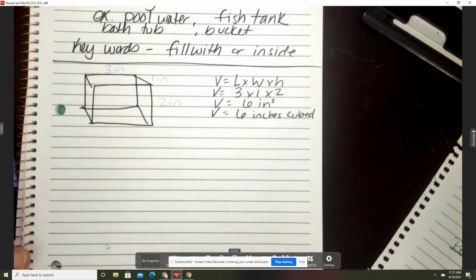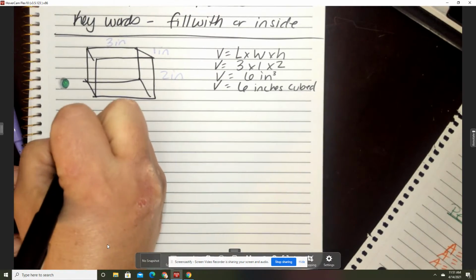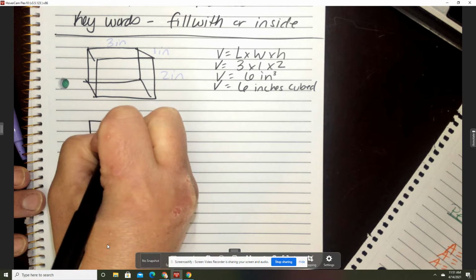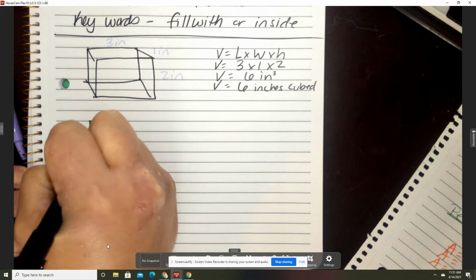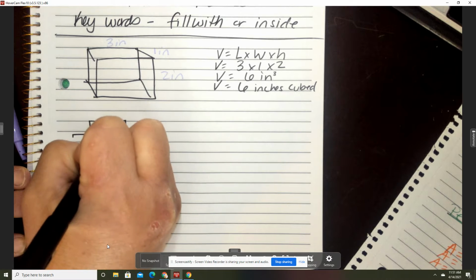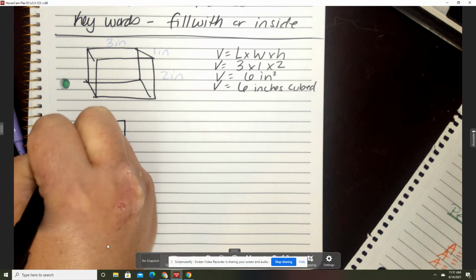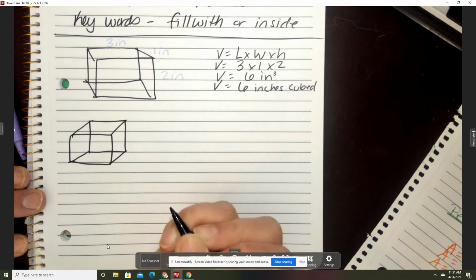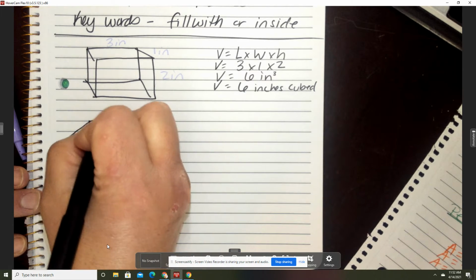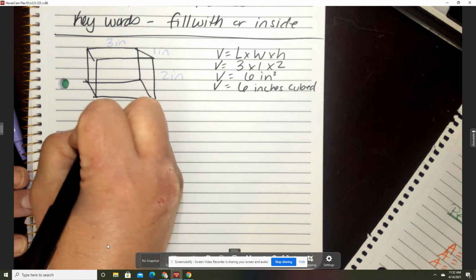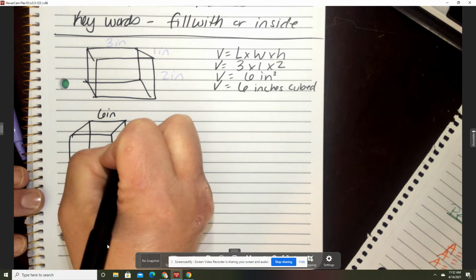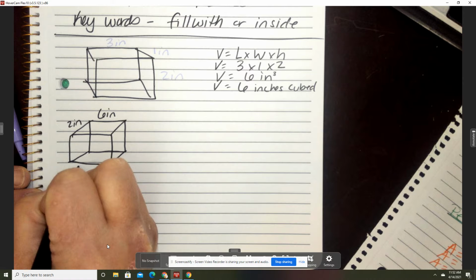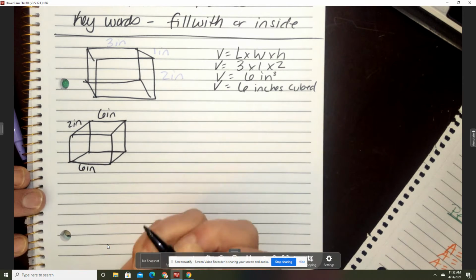All right. Let's do another one. All right. So let's say that this is 6 inches, 2 inches, and 6 inches.